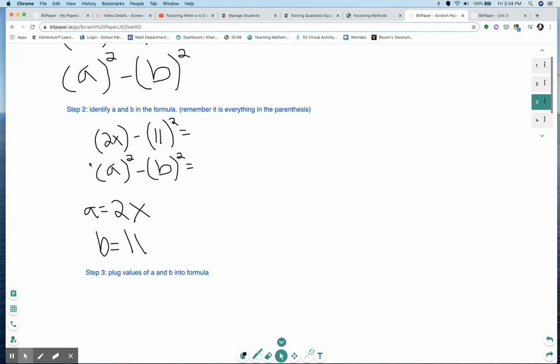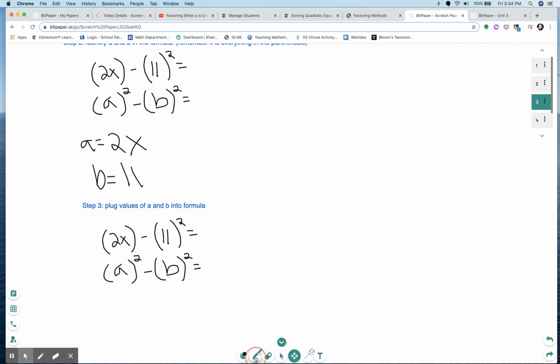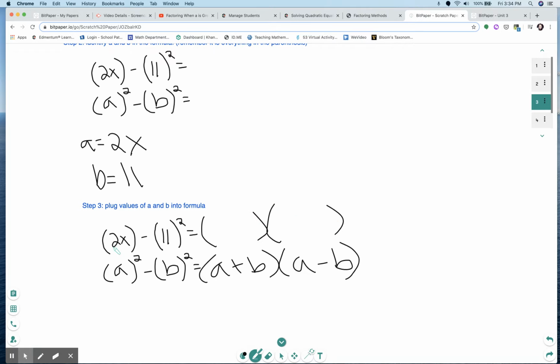I'm going to copy and paste this right here, down here. Our formula from the beginning was a plus b times a minus b. So we put parentheses here. Now that we know A is 2x, let's put a 2x in for all the A's we see.